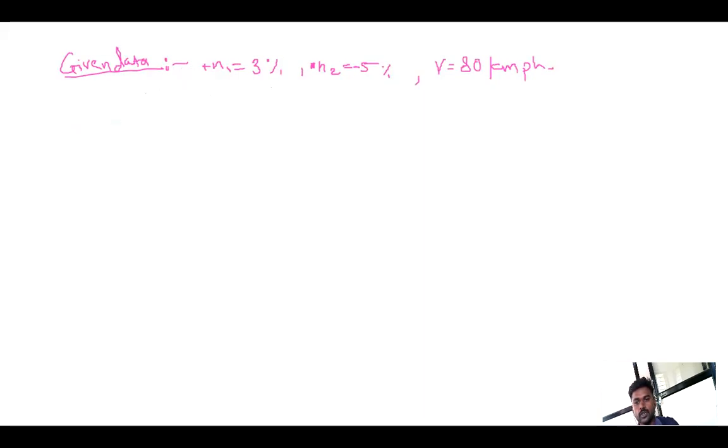We will assume first the length of the curve is greater than SSD. If it is not so, we will go with the second assumption: length of the curve is less than SSD. We know the formula when the length of curve is greater than SSD. How do we calculate the summit curve length? L is equal to, what is the formula?